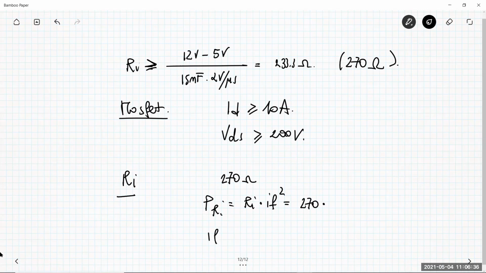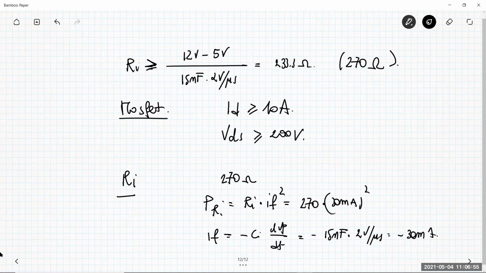The current IF is negative CI dVP over dt. So it is negative 15 nanofarad multiplied by 2 volt per microsecond. So it is 30 milliamp. So 30 milliamp squared, and this is 210 milliwatt. So a quarter of a watt is enough for this resistor. Okay, no problem of dissipation.